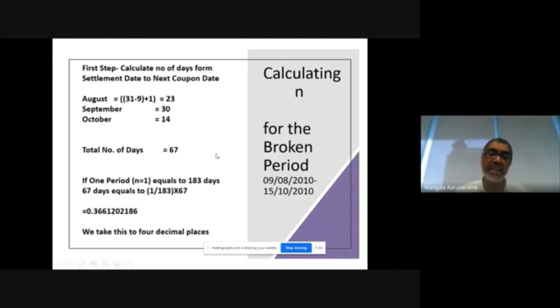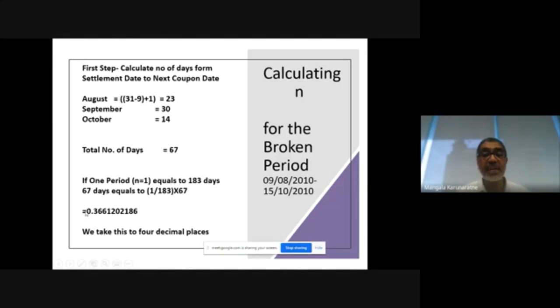So if 1n equals 183 days, 67 days is equal to what fraction of n? We divide 1 by 183 days and multiply it by 67.